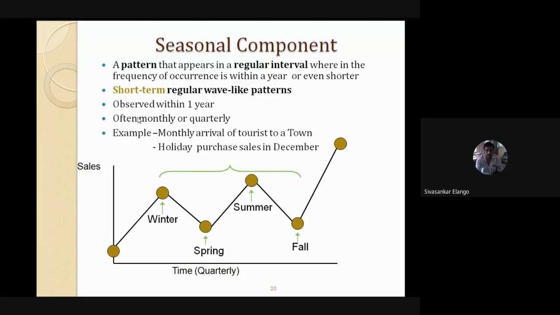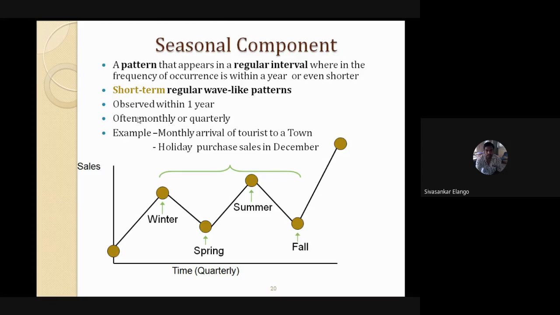So seasonal component, or short-term regular wave-like patterns. There will be a peak for some time, then it gradually moves down, and again there will be an increase in sales during a particular quarter or particular year. It's known as the seasonal component. For example, the monthly arrival of tourists in a particular town.